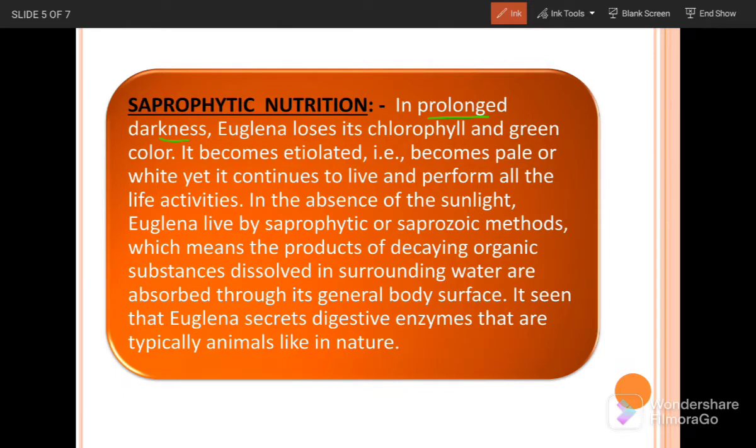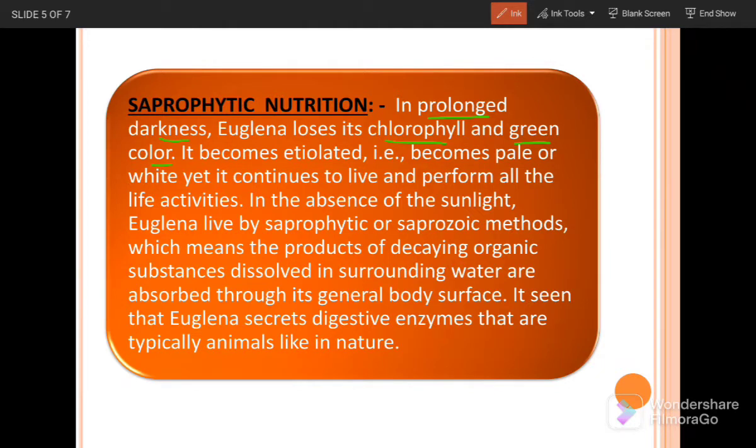When there is no sunlight, the chlorophyll will be lost, and the green color will be lost, because chlorophyll is the green pigment which gives the green color.